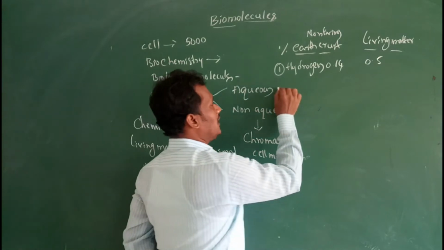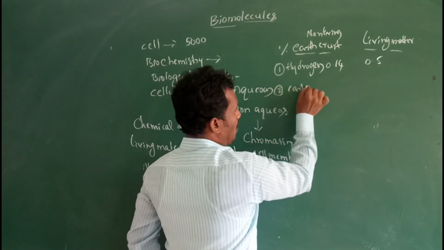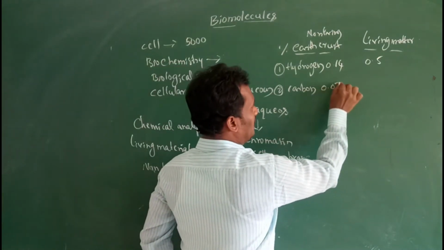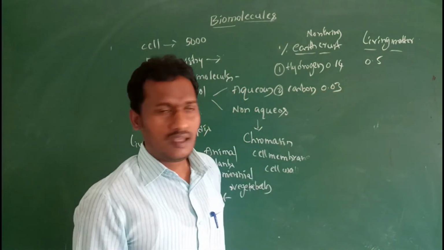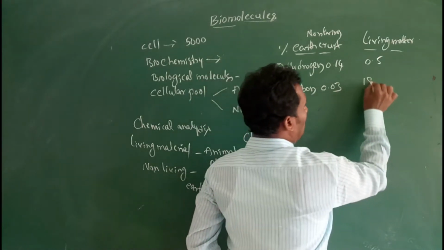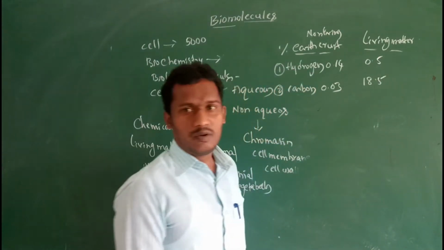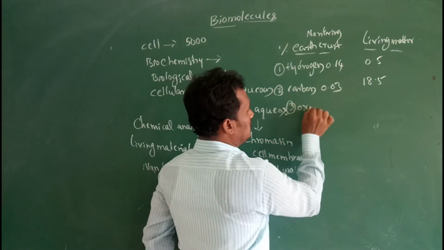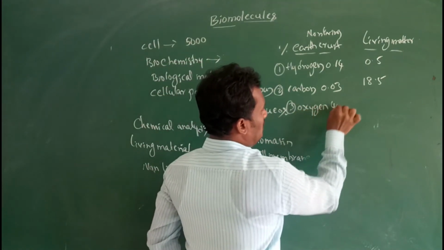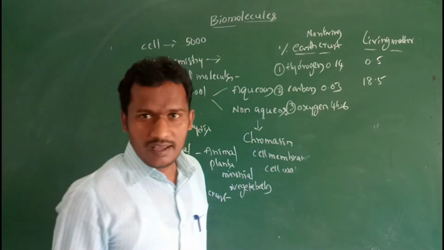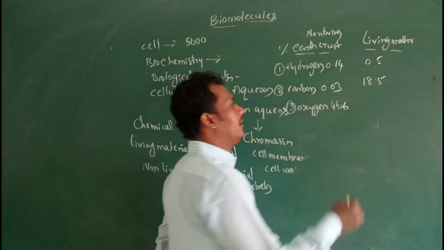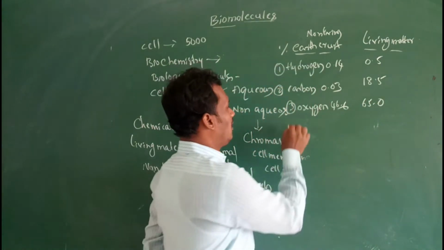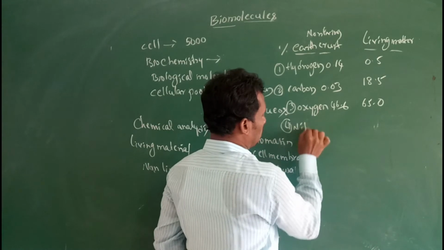Next, carbon. In non-living matter, that is earth crust, approximately 0.03%, and in living matter approximately 18.5%. Third, oxygen. Oxygen is approximately 46.6% in non-living matter, and in living matter approximately 65%.